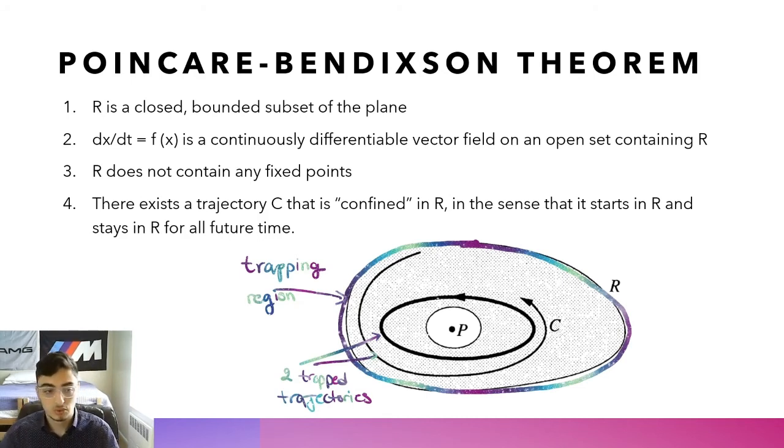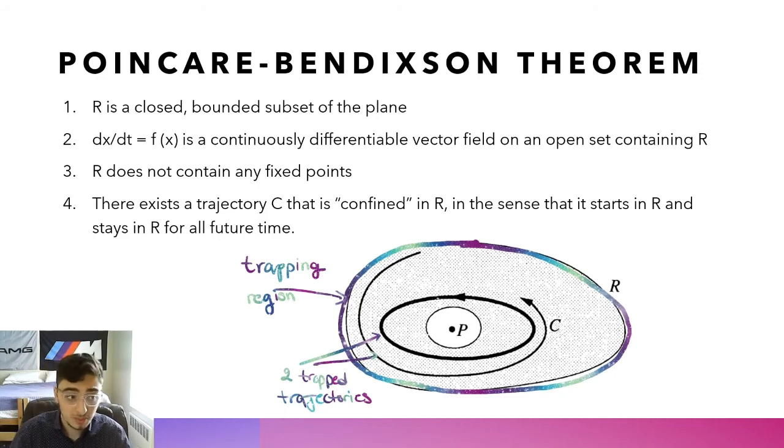I drew out what I meant in the bottom figure. You can see R is a trapping region, and essentially what this theorem is saying is that trajectories that satisfy this theorem are trapped in a trapping region R. These trajectories will spin around in perfect circles or spin around until infinity, but they will not escape this trapping region.